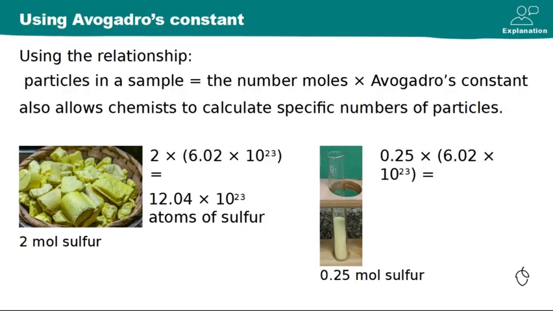And if we had 0.25 moles of sulfur, then the number of sulfur atoms present would be 0.25 times Avogadro's number, which would give us 1.51 times 10 to the 23 atoms of sulfur.